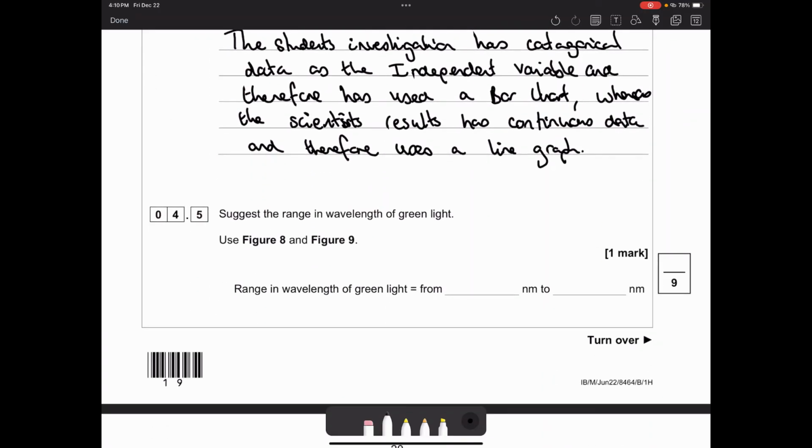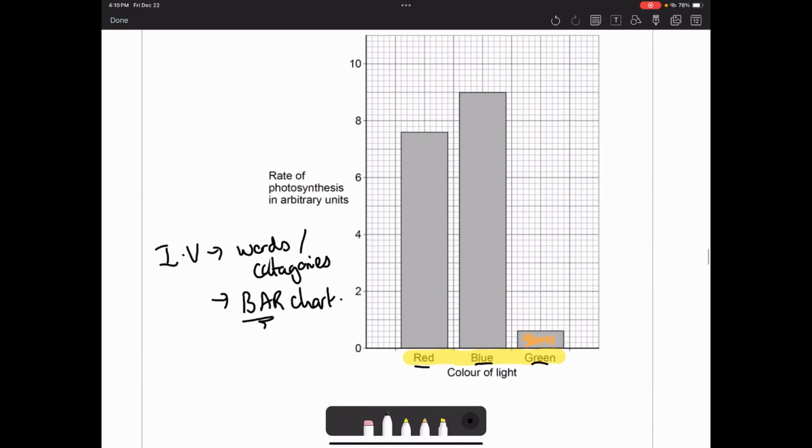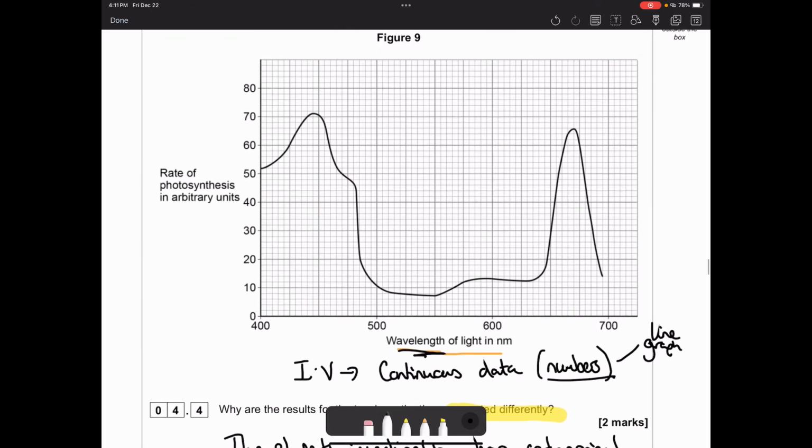It then says, suggest the range in wavelength of green light. Use figure 8 and figure 9. So I've got to estimate what I think my wavelength of green light is going to be. If I go back to the graph, I can see that green light has very limited rate of photosynthesis. So I go to my second graph, and it gives you quite a large range on this, which is basically where there is low amounts of photosynthesis happening.